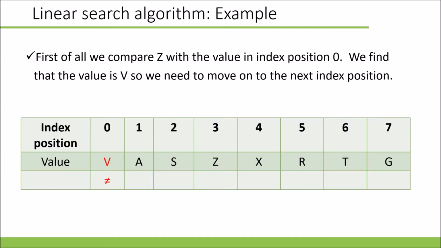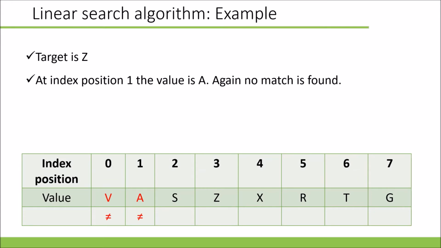First of all, we compare our target value Z with the value in index position 0. That's clearly V. Obviously they're different, so we need to move on to the next index position. Next, we compare the value in index position 1, which is A, with Z, and again, they're different, so we move on to the next index position.